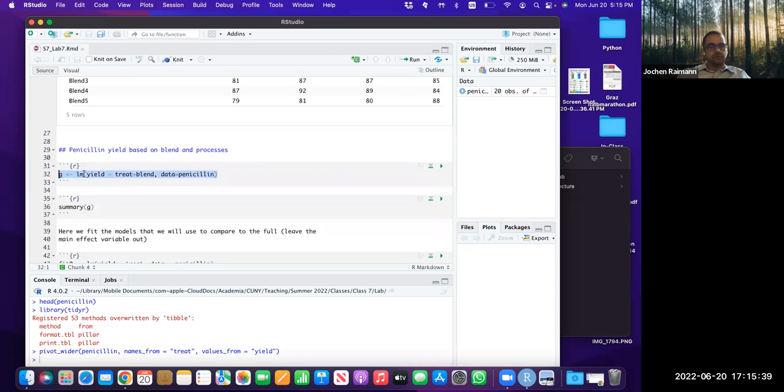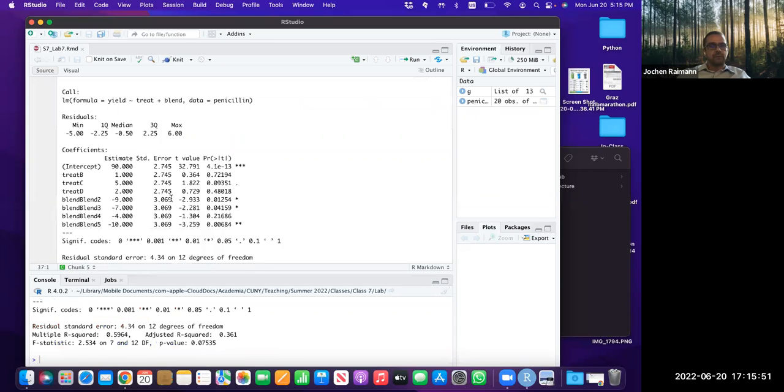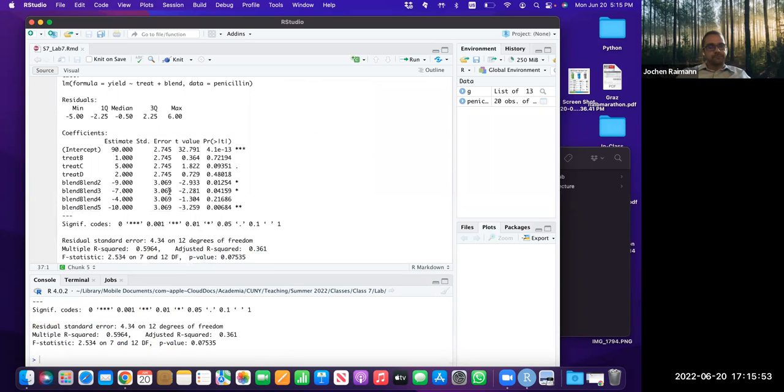So you first build a linear regression model where yield is a function of treatment and blend. This being done, you can look at the actual model. Now you know that there are treatment differences that vary from 1.5 to 2 as compared to treatment A. These are differences where you have a higher yield.